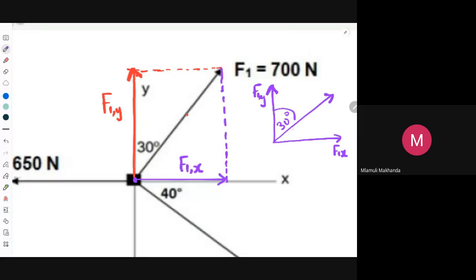You're given 30. Let me call that angle alpha. How would you find alpha? You can type it in the comments since you guys are very shy of unmuting. So yeah, how would you find alpha? This is just maths, it's not even physics.